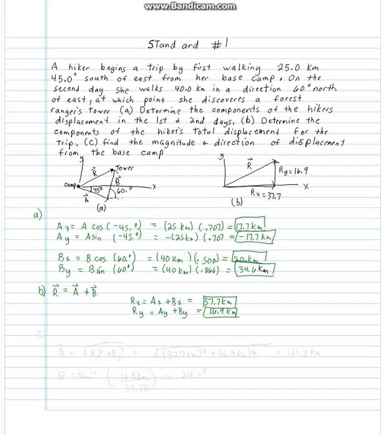For part C, we need to find the magnitude and direction of R. To find the magnitude, we use the Pythagorean theorem.